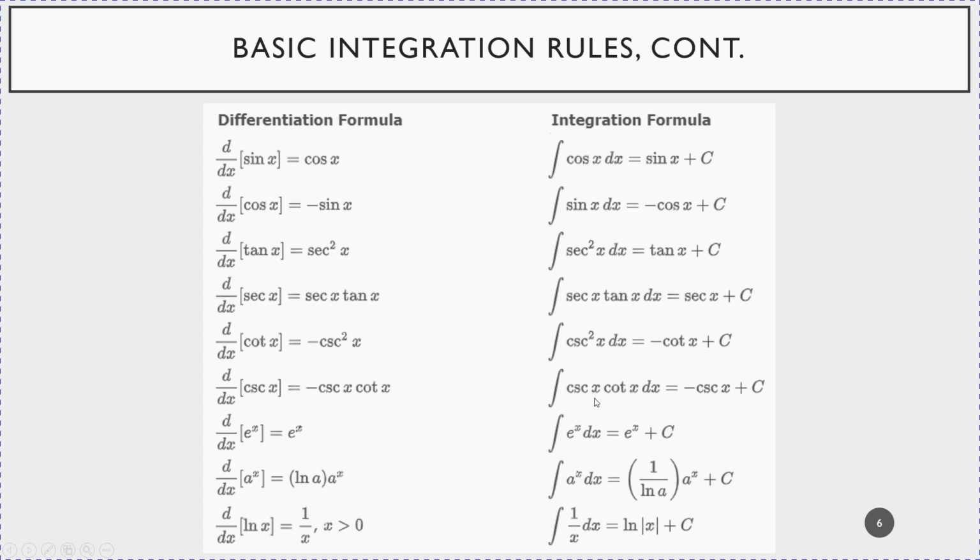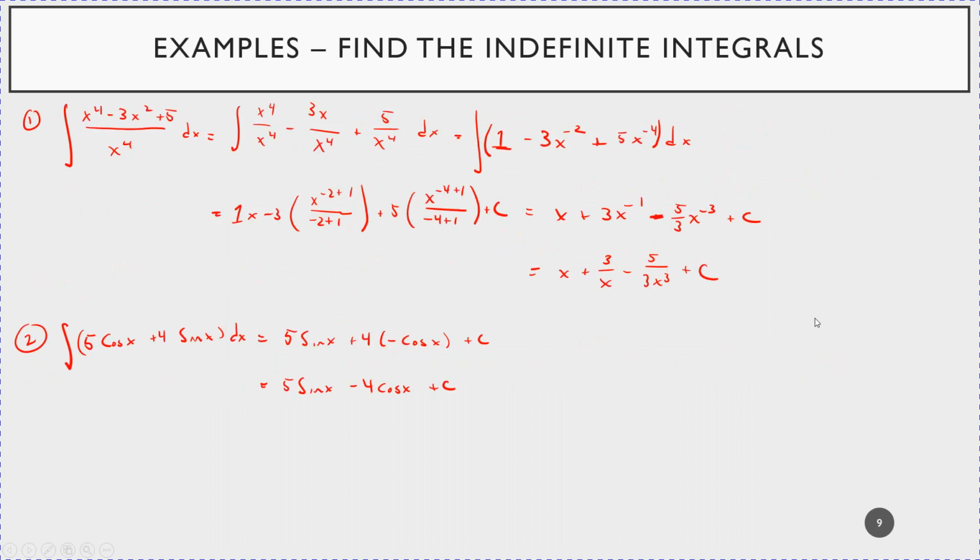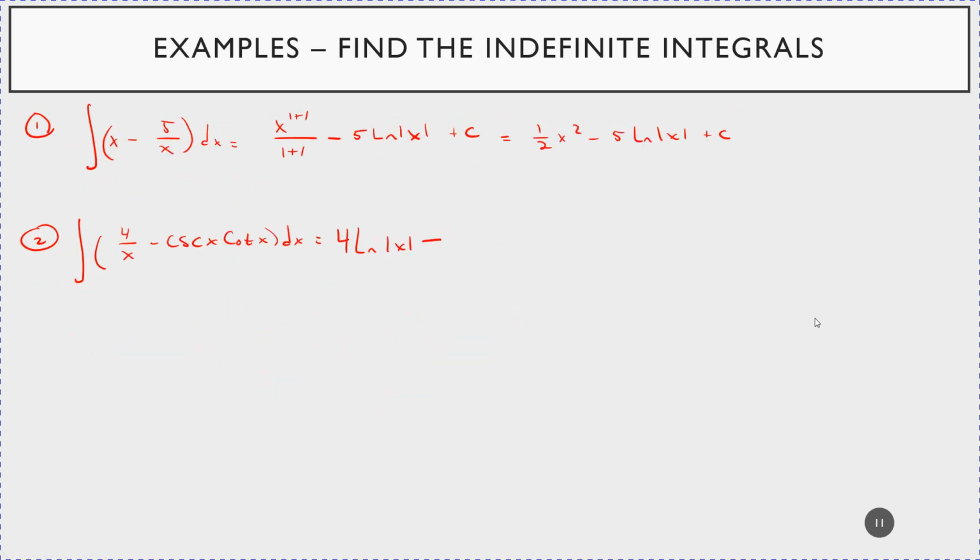Well, right here, cosecant of x cotangent of x integrates as negative cosecant of x. And then your last step, you can go negative, negative becomes a positive. And just like that.